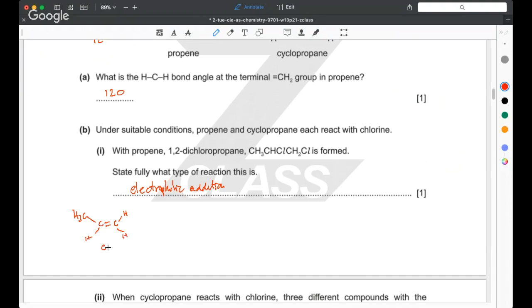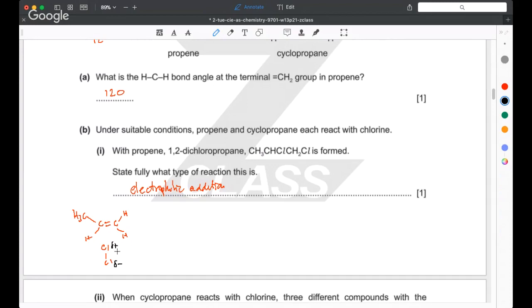And when the chlorine molecule approaches, then you get an induced dipole there. That's slightly positive because there's a large electron density associated with this carbon-carbon double bond. And that induces a dipole in the chlorine molecule here, and you end up with a slightly positive end to the chlorine molecule and a slightly negative end.